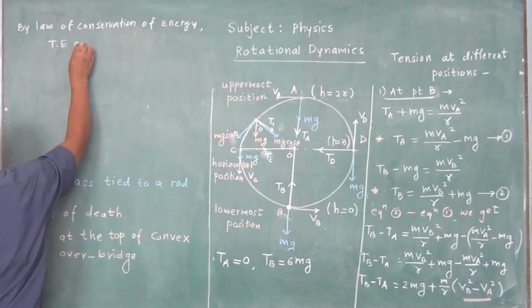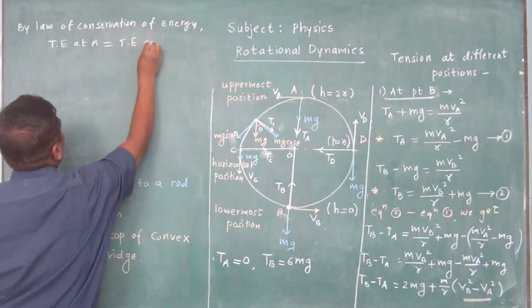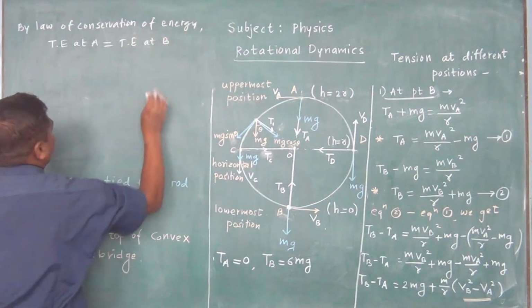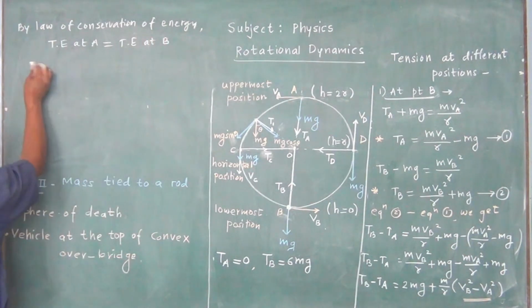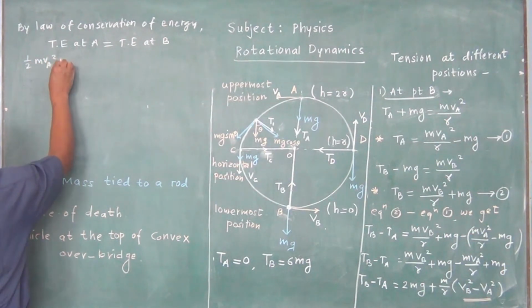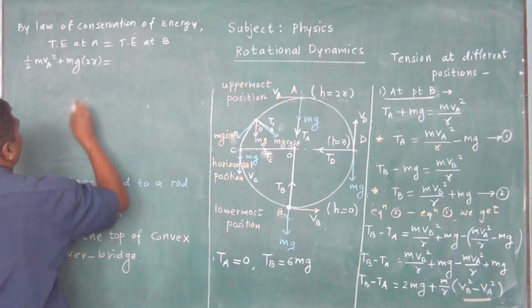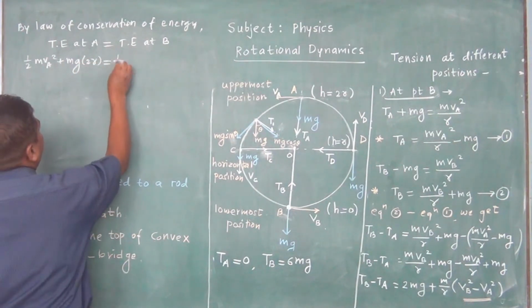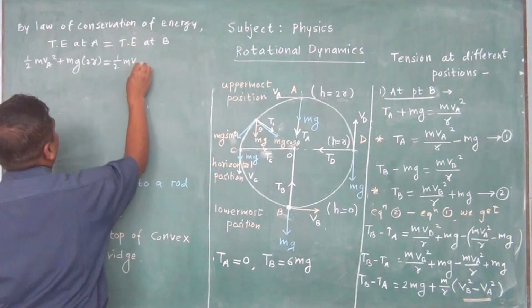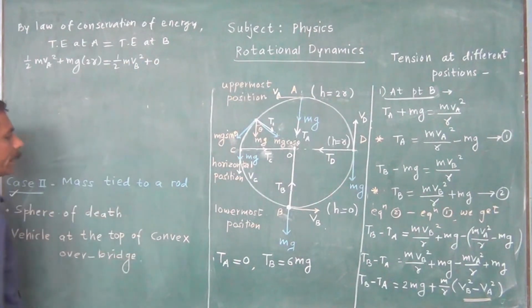So total energy at A must be equal to total energy at B. It is the addition of kinetic energy, half mva square, plus potential energy, mg 2r. So total energy at B is half mvb square plus 0. Potential energy is 0.